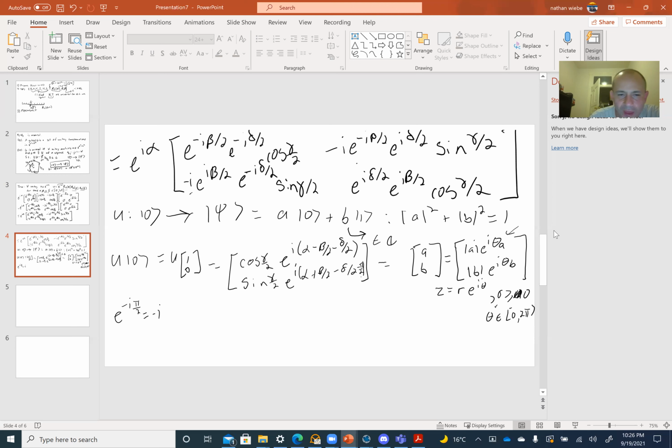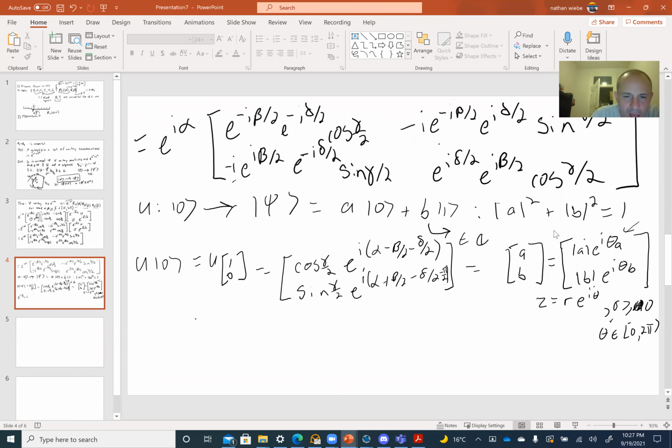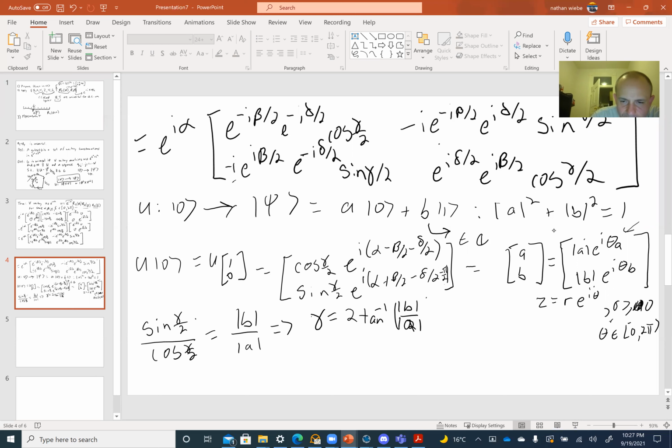By dividing the absolute value of the two components, we end up seeing immediately that sine gamma over 2 divided by cosine gamma over 2 is equal to the absolute value of B over the absolute value of A. And this implies that it suffices to pick gamma equal to twice the arctangent of B over A in absolute value. Okay, so that gives us one of the particular values.